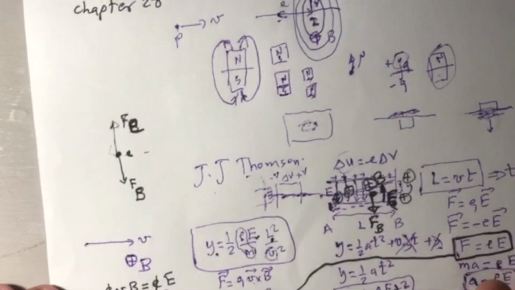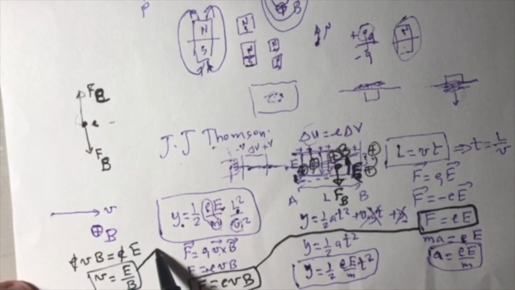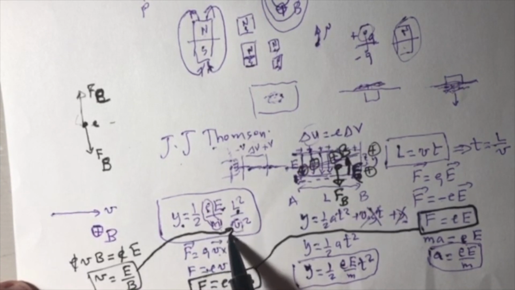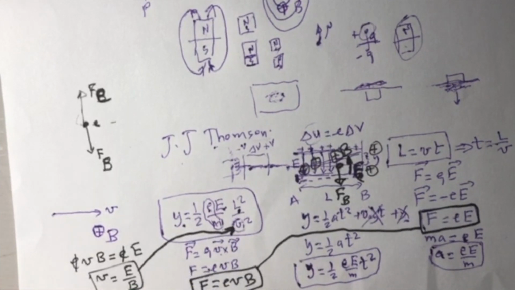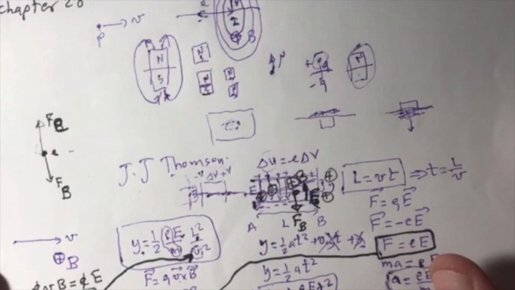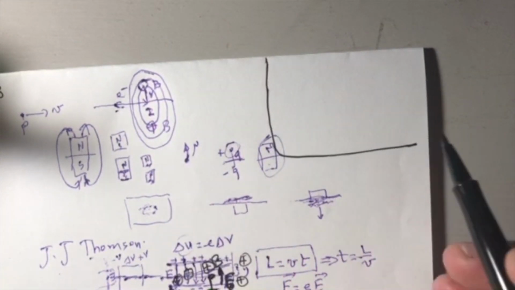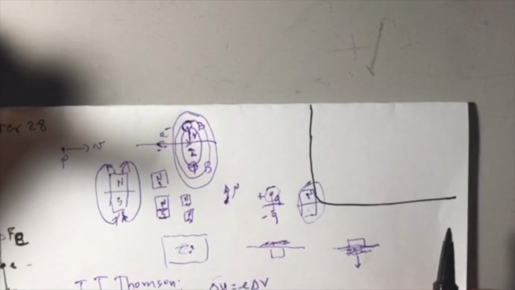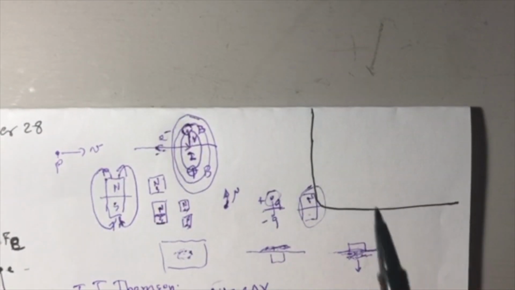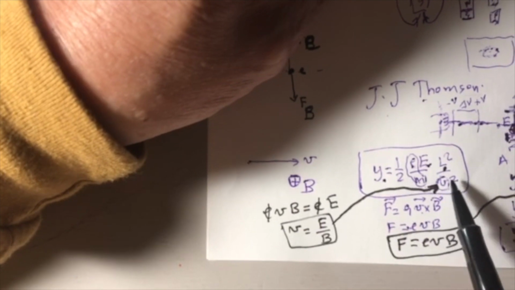Now the crazy thing is, this paper, I ran out of room. He took this velocity and put it there. Now let's see what's going to happen if he puts it there. So I need to go up here, I have some room here. I'm going to take Y and replace V in it.